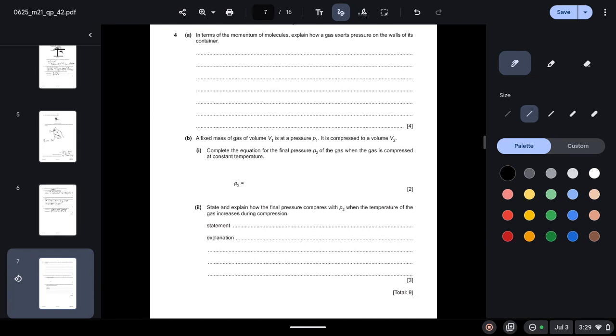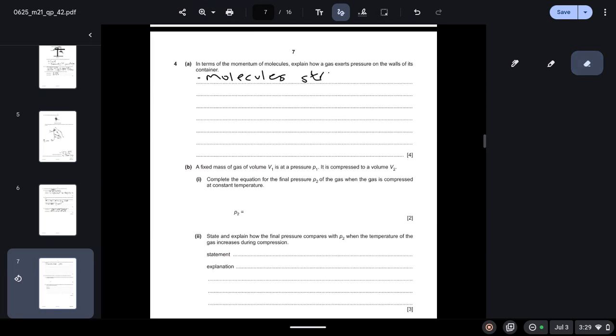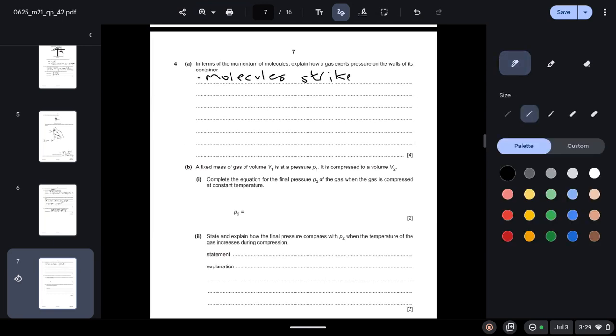So you will begin with that the molecules strike the wall of the container, and as they strike there is a change in momentum, and we know that force is related to momentum. Force is basically the rate of change of momentum.